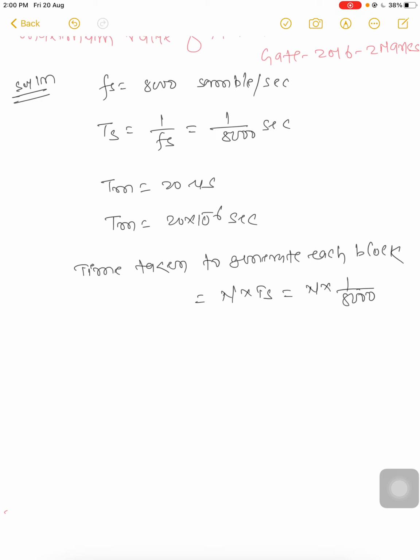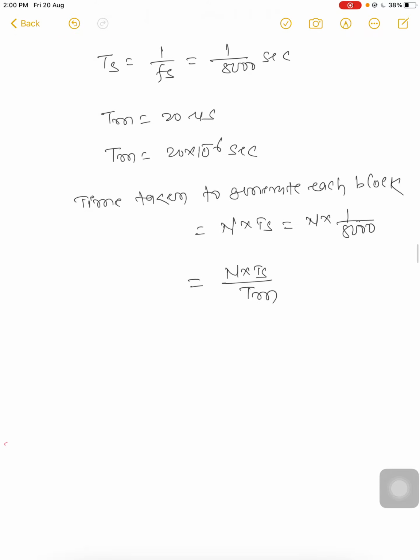The number of multiplications that can be performed by the processor in the time taken by each block is equal to N into Ts upon Tm.